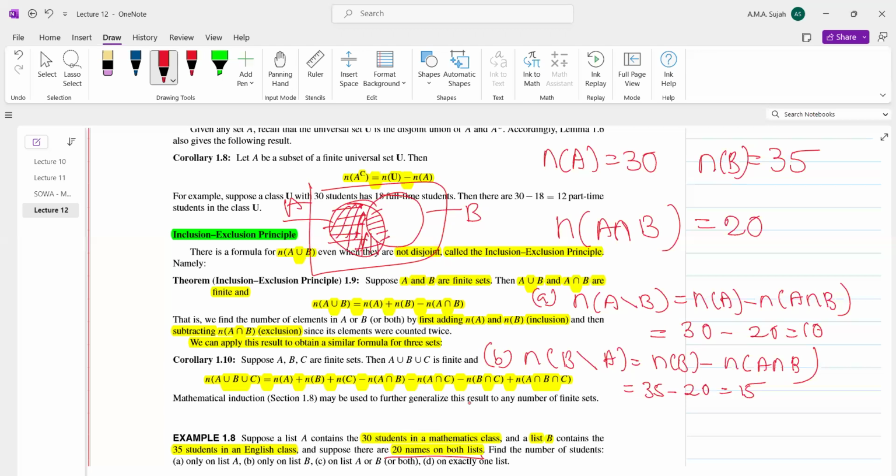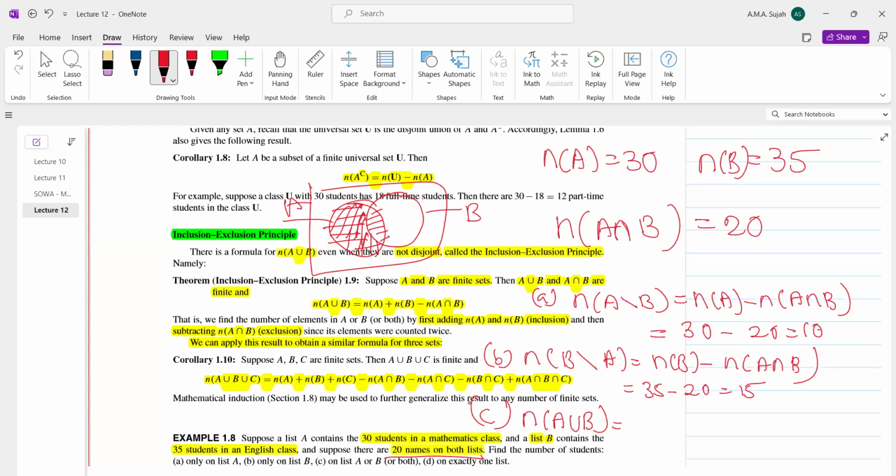C part. First thing you need to understand is what the question is asking, on list A or B. A or B means number of A union B. So we already know the inclusion exclusion principle. What is the equation?